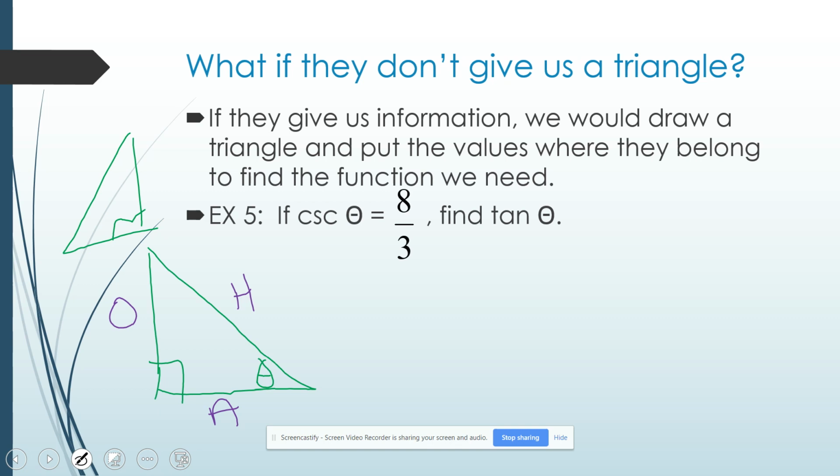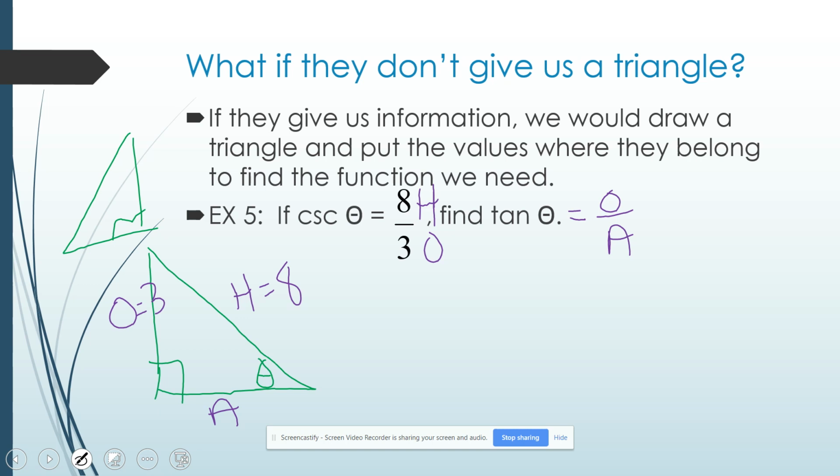They're giving us cosecant. Cosecant is hypotenuse over opposite. So we know that our hypotenuse is 8 and our opposite side is 3. They want us to find the tangent, which is opposite over adjacent.